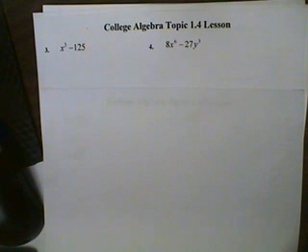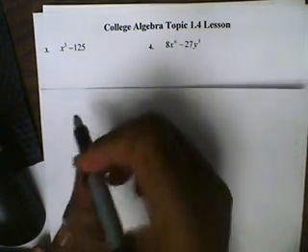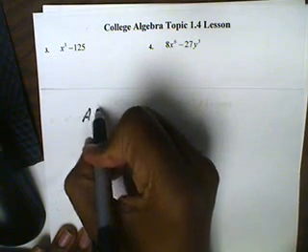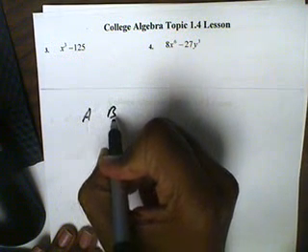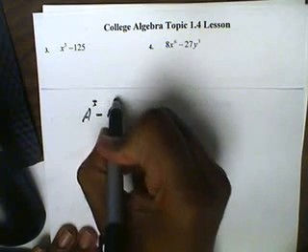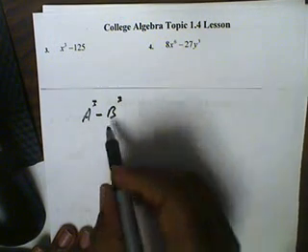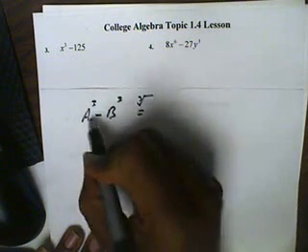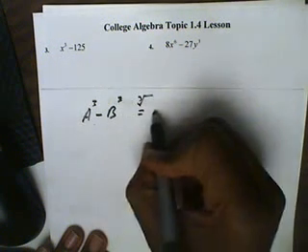College Algebra, Lesson 1.4. We're going to be factoring these binomials, and the property that we're going to use says if you have a binomial that is a difference and both terms are cubes, you can factor it by taking the cube root of both terms.